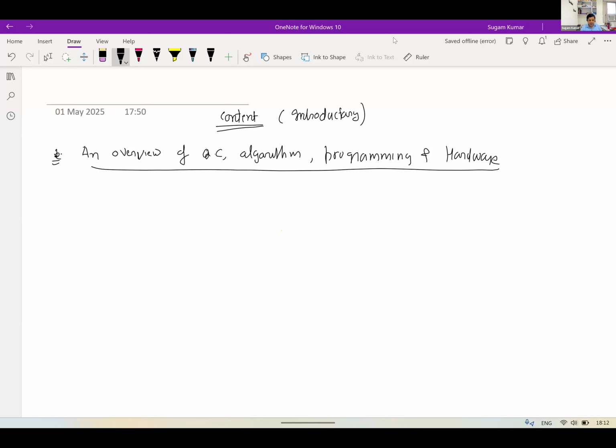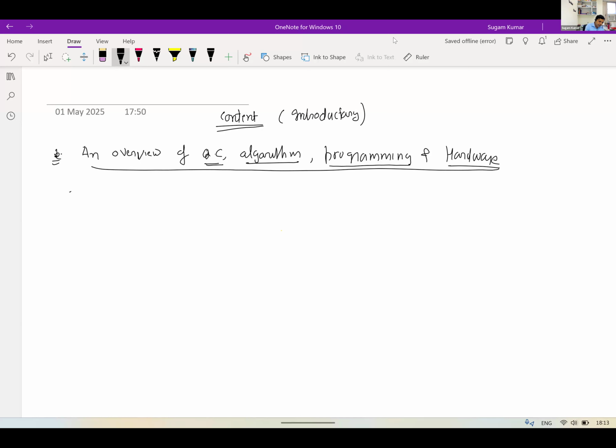We will give a complete overview of quantum computing, how to go ahead with this, what the algorithms and programming like Qiskit are, and then different hardwares, different platforms like superconducting, ion qubits, photonics, etc.